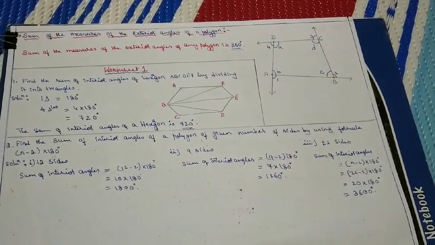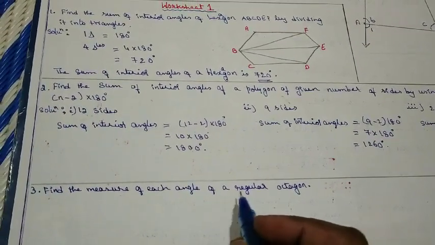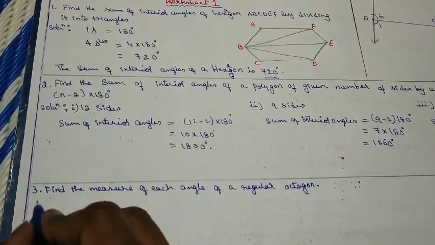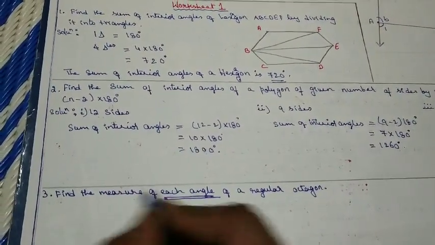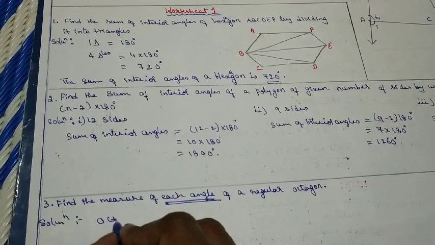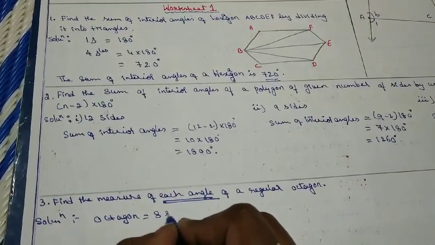Now I'll move to the third one. Find the measure of each angle of a regular octagon. We need to find each angle of a regular octagon. Therefore, in the solution, an octagon is nothing but 8 sides.